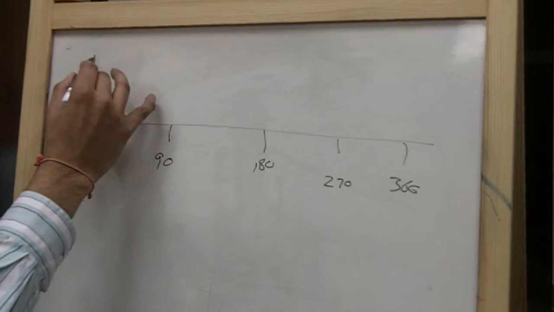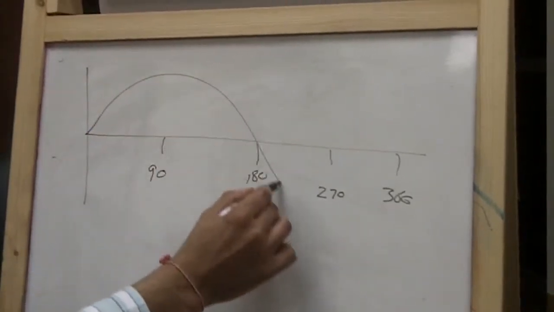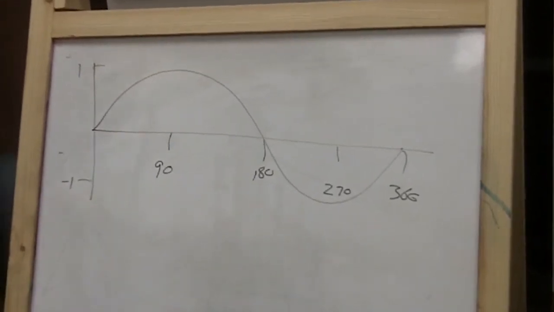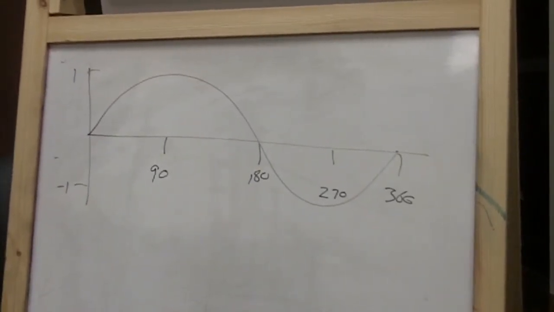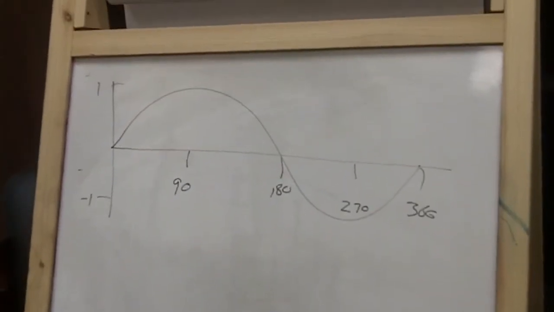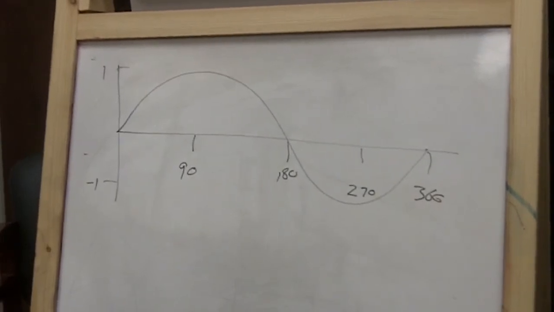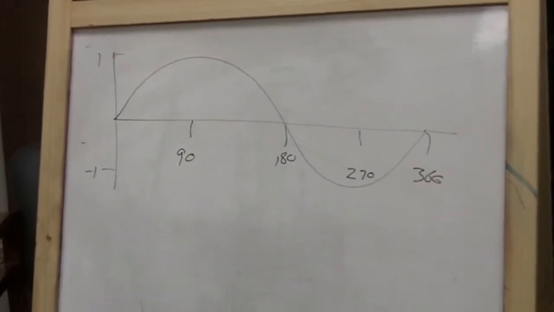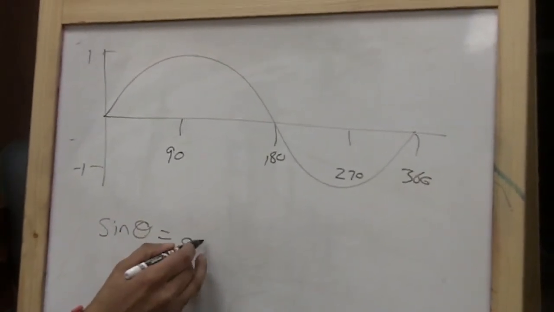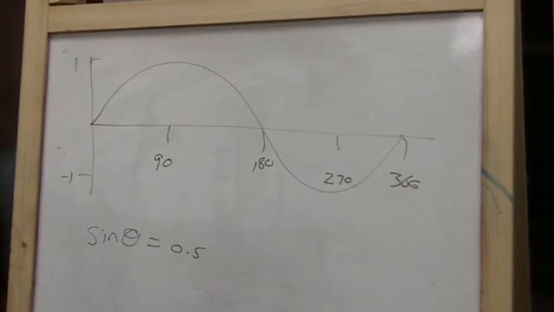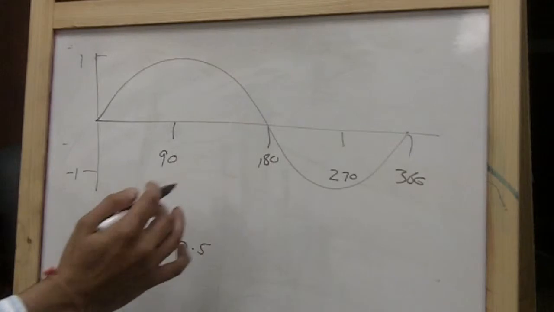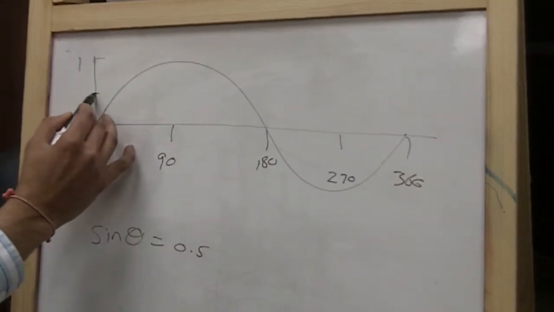So this is 1, minus 1. If I say the sine of some angle equals 0.5, what is the angle? So you're working it backwards. We're using this graph and saying it's 0.5, so we know it's here.